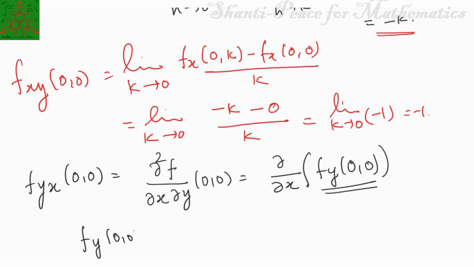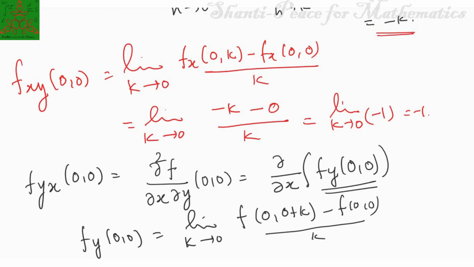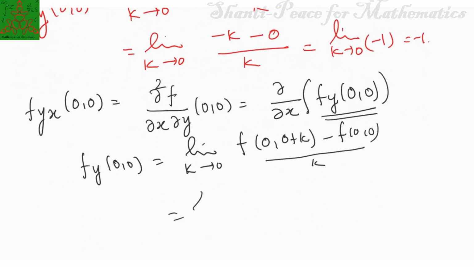As per the definition, this is the limit as k tends to 0 of [f(0, 0 + k) - f(0,0)]/k, that is [f(0,k) - f(0,0)]/k.